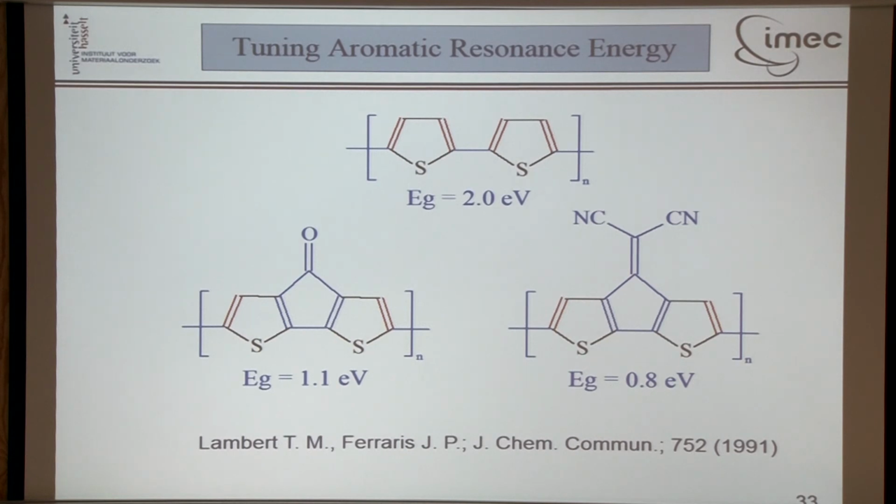This is another example. This is polymers that were synthesized by Ferraris some years ago. So this is a derivative of polythiophene, you could say. You annulate another ring, and you see that the band gap goes down quite dramatically. It halves, more or less. What's going on here? It's a question of aromaticity.